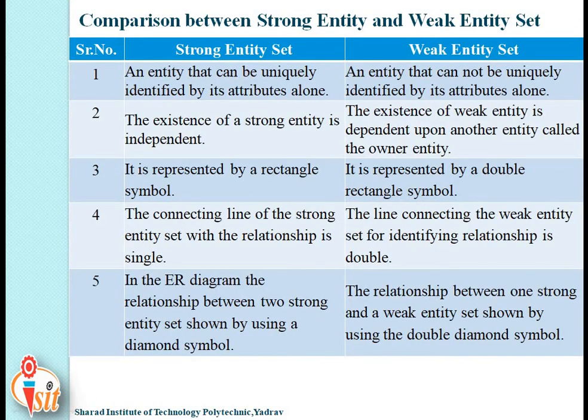Now we will see comparative points of strong entity set and weak entity set. A strong entity set is an entity set that can be uniquely identified by its attributes alone, and a weak entity set is an entity set that cannot be uniquely identified by its attributes alone. The existence of a strong entity set is independent, and the existence of a weak entity set is dependent upon another entity called the owner entity.